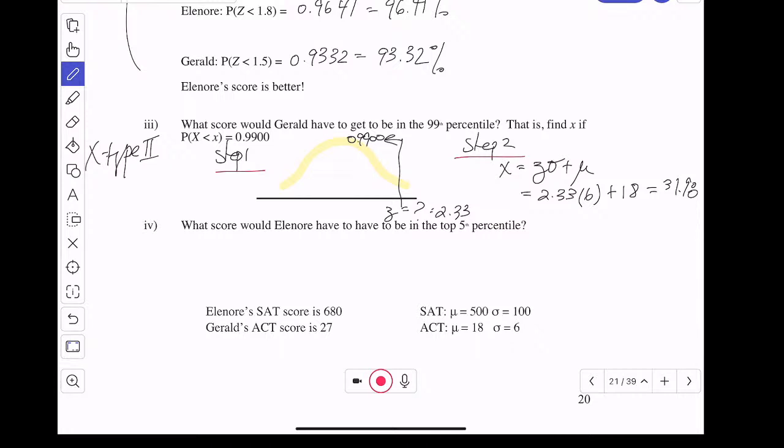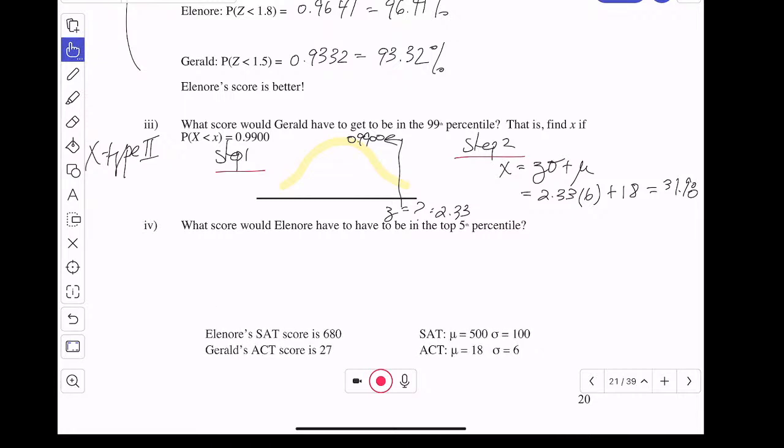And the very last problem on this page, because there's still more problems: what about Eleanor being in the top 5%?